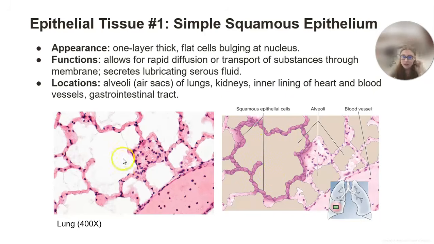Now, these areas here, the lumen, where the light passes through, are the alveolar space, where atmospheric gas goes into the lungs, and we're going to have really rapid diffusion of oxygen into our squamous epithelial cells, and pretty rapid diffusion of, here we see a blood vessel, carbon dioxide out of our blood vessels through our simple squamous epithelium. So that is our first epithelial tissue, simple squamous epithelium. Squamous cells, which means they are scale-looking shells, simple because it's one layer thick.